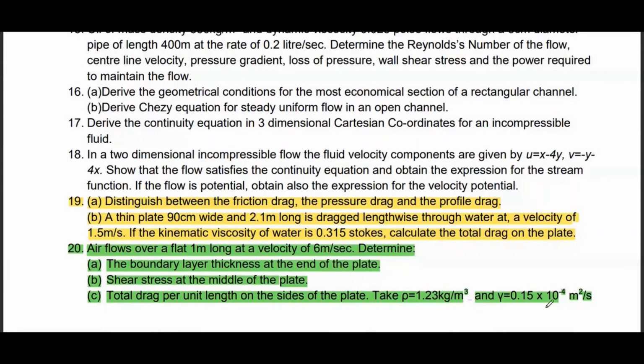What is given is not rho, it is nu, the kinematic viscosity of air, 0.15 into 10 raised to minus 4 meter square per second. That is SI unit. Earlier it was given in CGS unit, Stokes, but here it is directly given in meter square per second, so you can directly substitute in the formula for the Reynolds number.